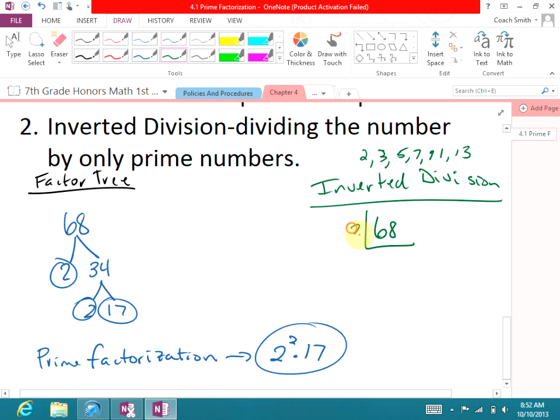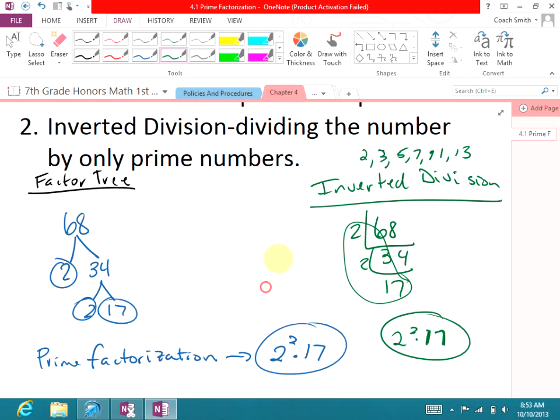So I just divide by 2 because 2 goes into it because it's even. 2 goes into it 34 times. Does 2 go into 34? Yes. So I divide it into it. 17 is prime. So I'm done. 2 to the second times 17. Okay? So either way, you're going to get the correct answer if you do the math right.